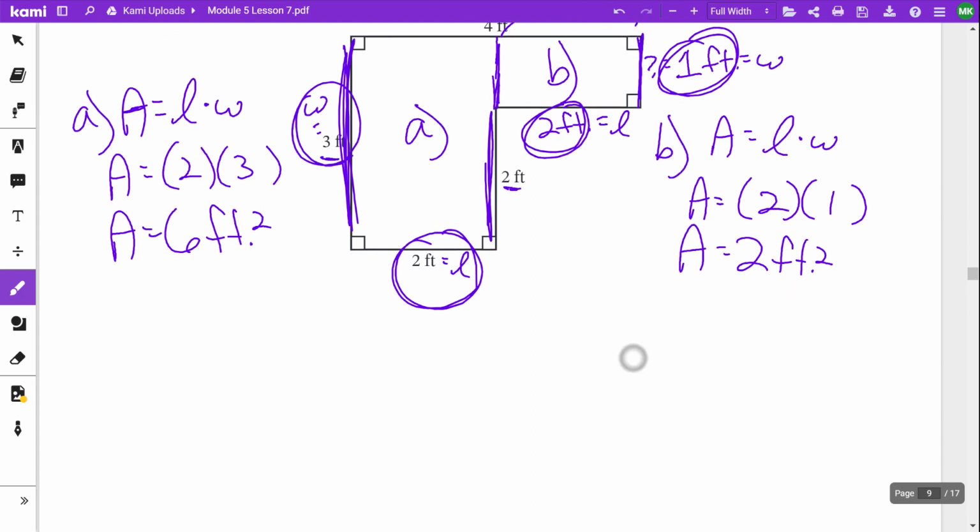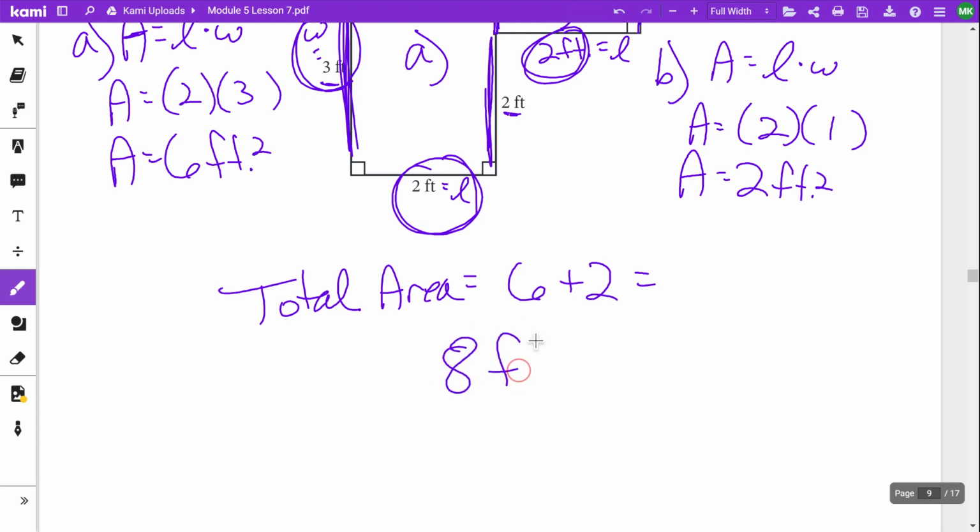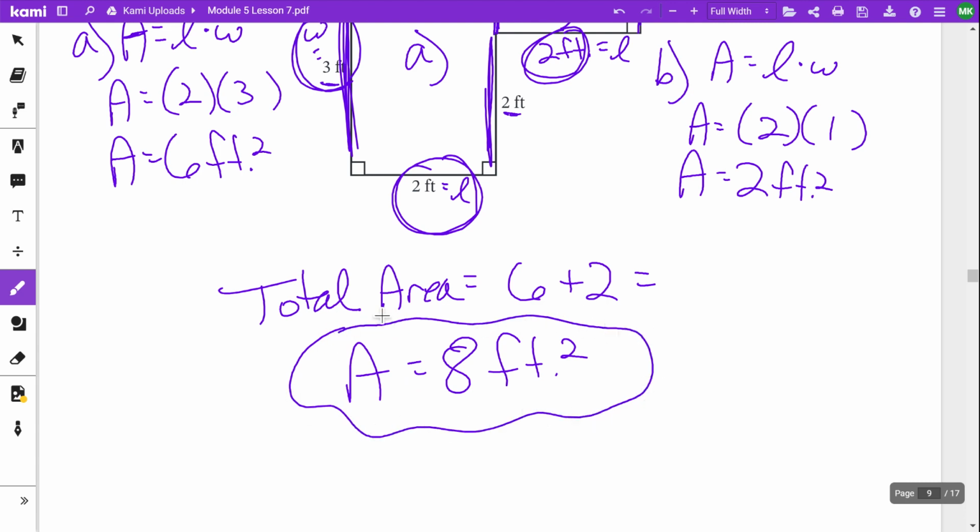And I just need that total. So total area is that 6 plus the 2, which gives me 8 feet squared for the entire shape.